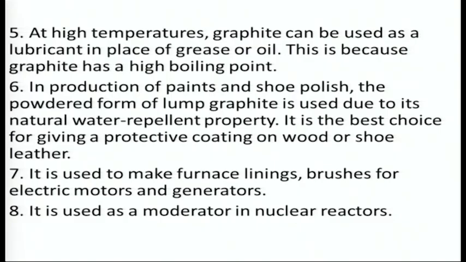So you know these shoe polishes, which are black, they are made from graphite. It is used to make furnace linings, brushes for electric motors and generators. It is used as a moderator in nuclear reactors. All right? So these are the uses of graphite, linked with their properties.